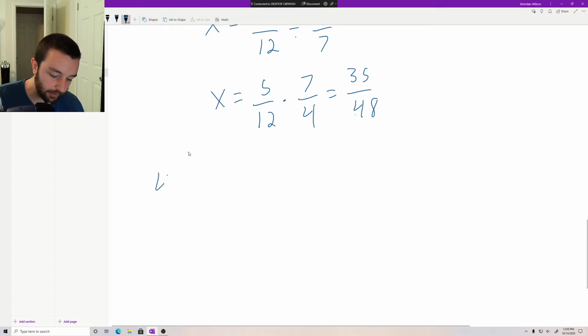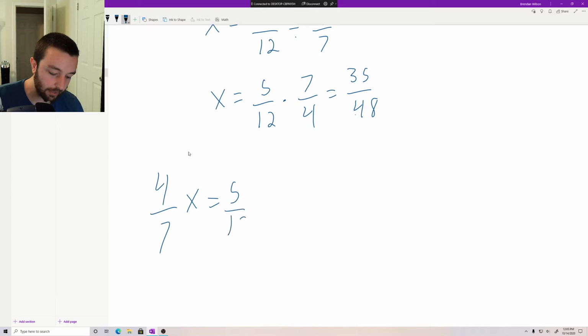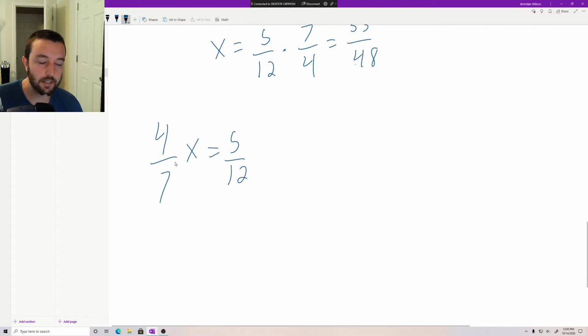An alternative way here would be to take this one step at a time. Instead of dividing the whole fraction, you could say, okay, I need to get rid of the 4 on the top and the 7 on the bottom. So let's break it up into 2 steps. First, let's get rid of, say, the 7 on the bottom. It doesn't matter which one you do first.